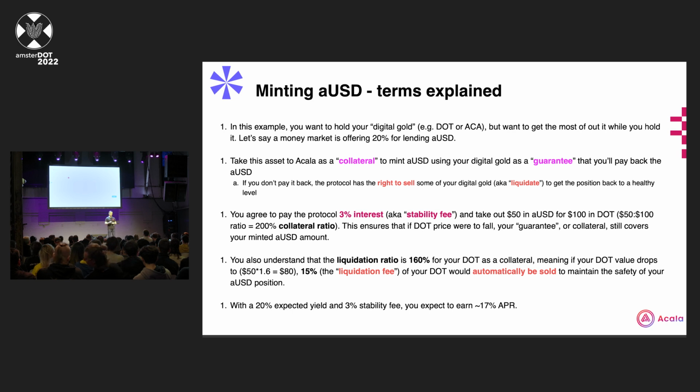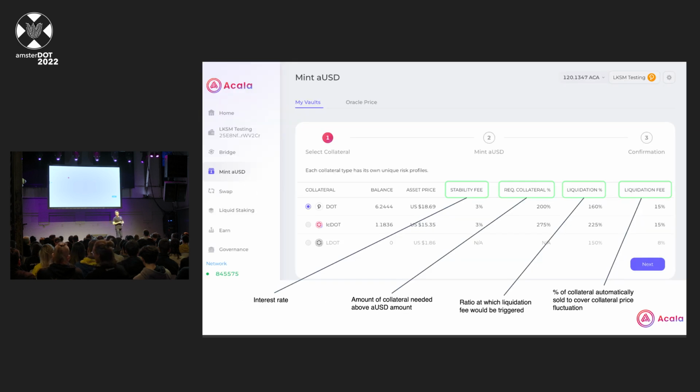So this is what the UI actually looks like today for minting aUSD. Now that I've explained those terms, let's look at it in reality. So stability fee here, of course, 3%. So it's a 3% interest rate for using DOT to mint aUSD. The required collateral ratio, so let's keep with the DOT example, is 200%.